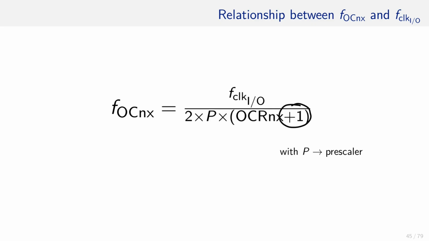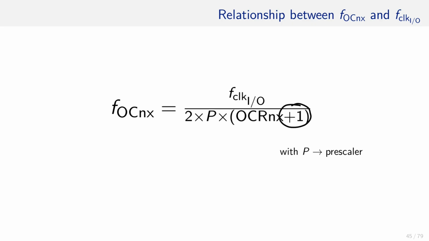Then TCNT needs to be cycled one more time to overflow. Hence, for every round, 101 clock cycles are required. Please keep that in mind when accurate timings are required, to count to one less in OCR. More about this later in the exercises.